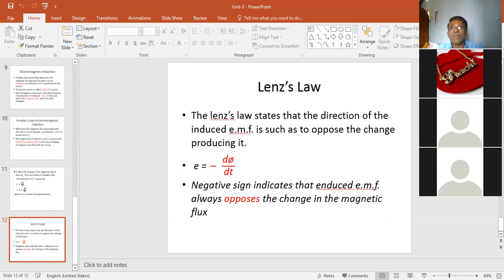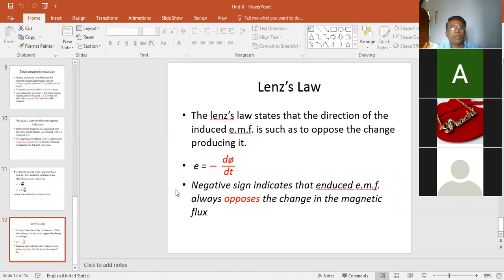Self-induction: whenever current is flowing through a coil, what will happen? Around the coil, a magnetic field will be created.